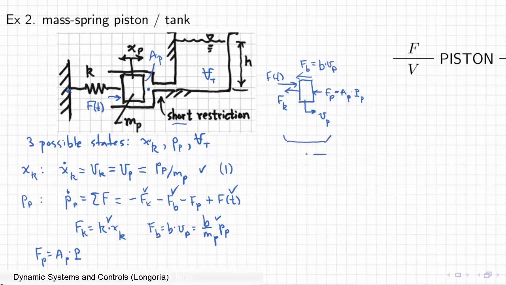We know that as it couples into this tank over here, at the bottom of that tank we've got P at the bottom of the tank, and the nice thing is that we know that in terms of the state. So if we know the capacitance of the tank and we know the state of the tank, we can find that P sub t on this side. We've got maybe some friction, some resistance to the flow here.